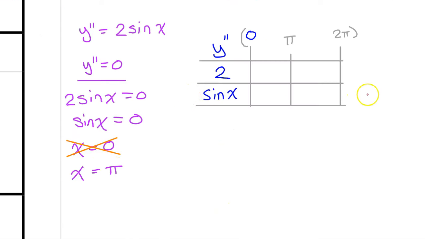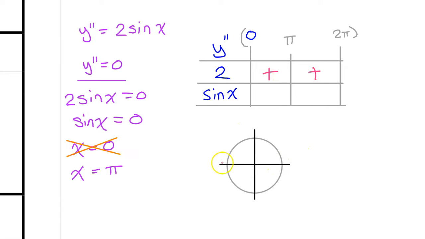Set up your sine chart like this with your one critical value of pi on the top, and don't forget to include the limits of your domain. We really could have made one row of 2 sine x, and that would have been fine as well. We need to decide whether these factors are positive or negative in each interval. 2 is always positive, so we have that.